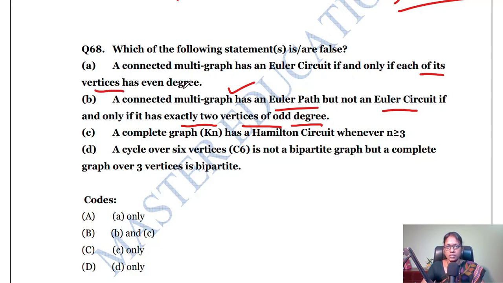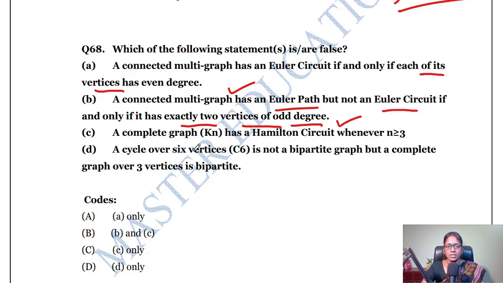Remember, for an Eulerian circuit, each of the vertices should be of even degree. But in an Eulerian path, it has exactly two vertices of odd degree. For an Euler path, two vertices of odd degree is acceptable. Yes, this statement is also correct.